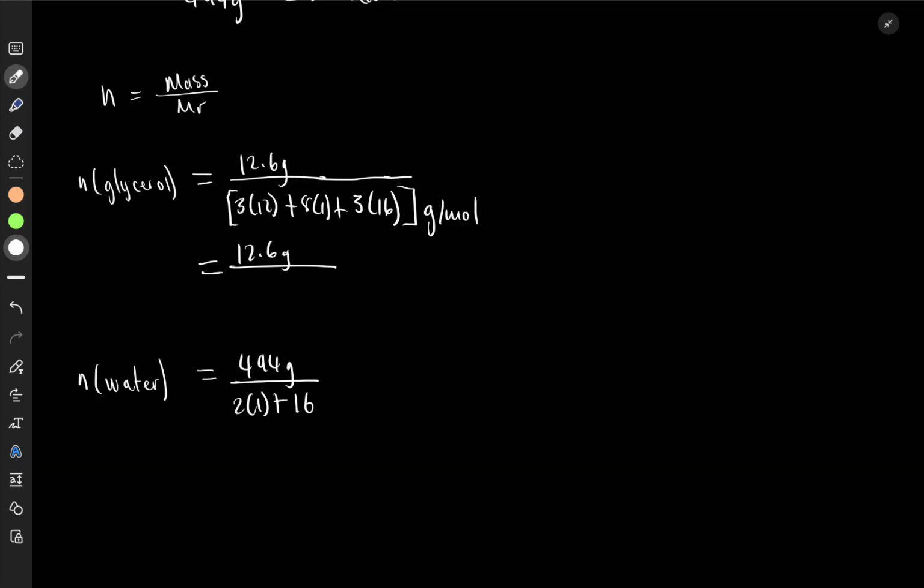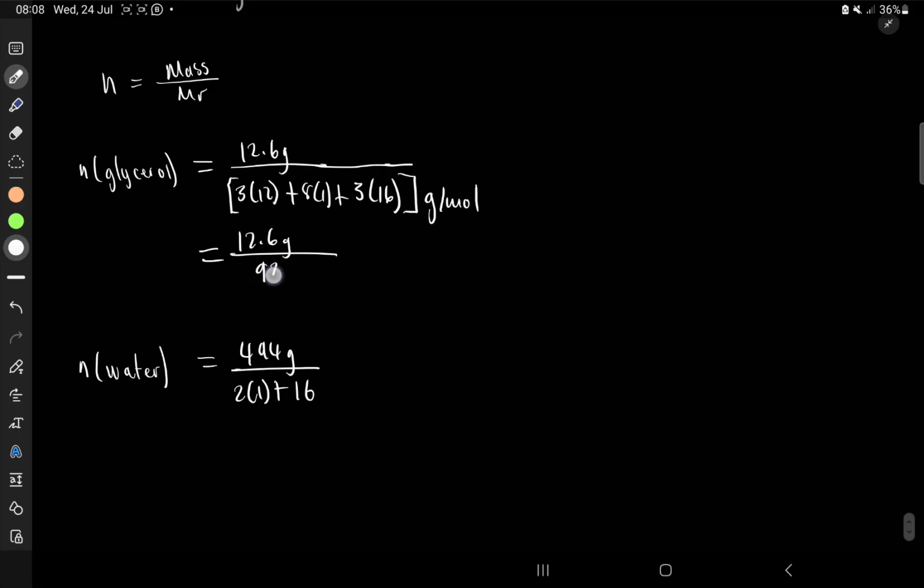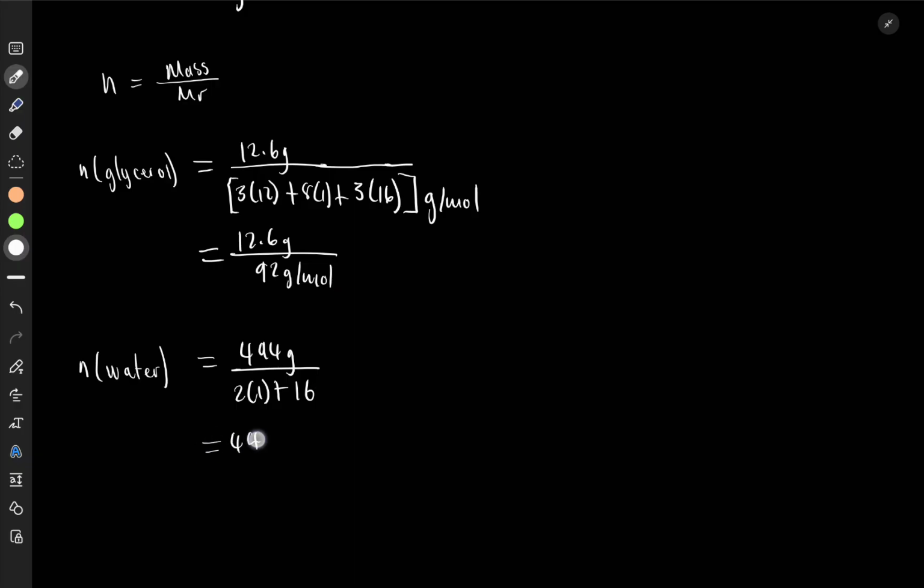Then plus, open my bracket, say 3 by 16. Close. This gives me 92, so over 92 grams per mole. Okay? And here I have it as 494 grams over 18 grams per mole, right? These are grams per mole.